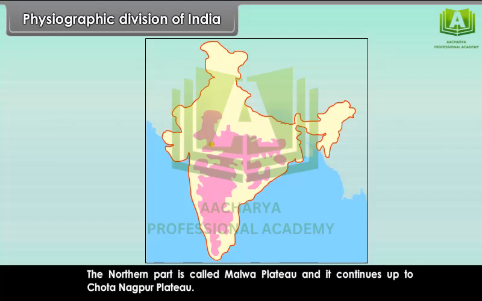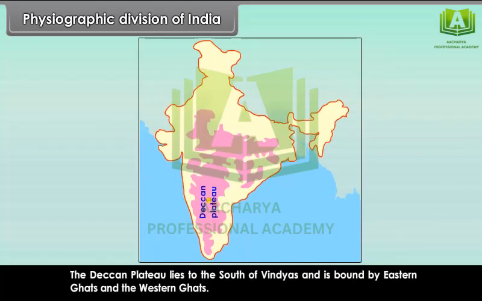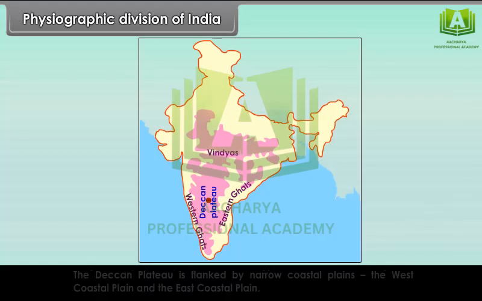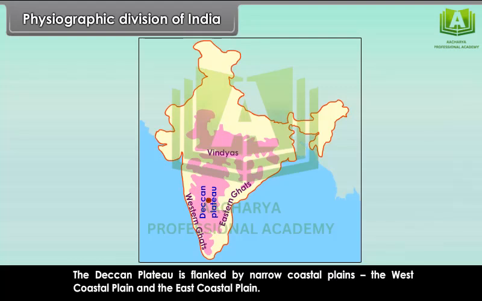The northern part is called Malwa Plateau and it continues up to Chota Nagpur Plateau. The Deccan Plateau lies to the south of Vindhyas and is bound by Eastern Ghats and the Western Ghats. The Deccan Plateau is flanked by narrow coastal plains.